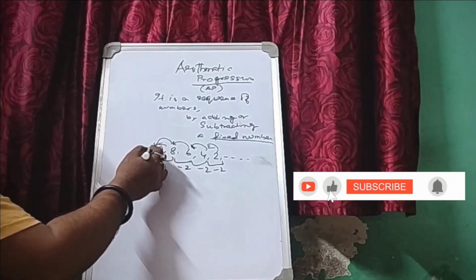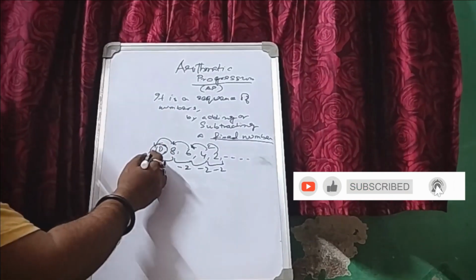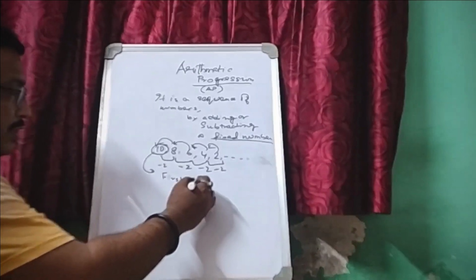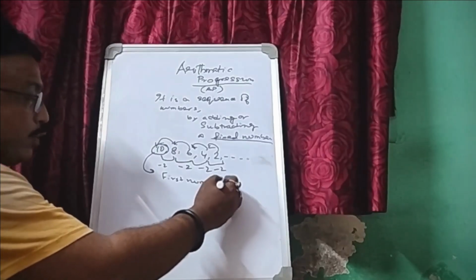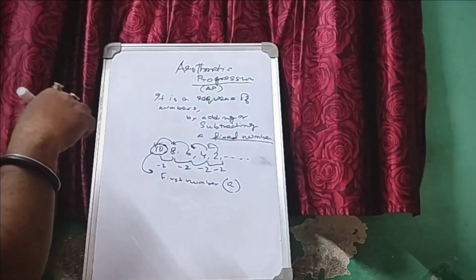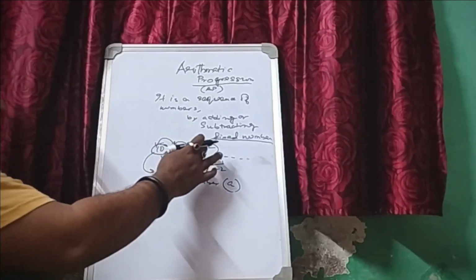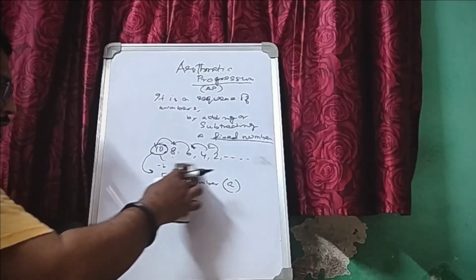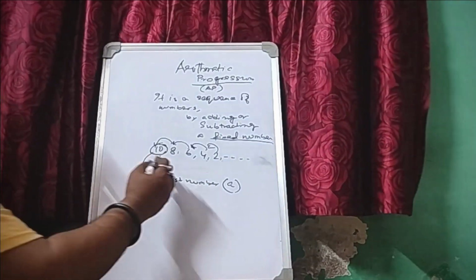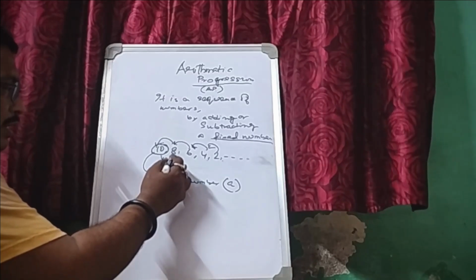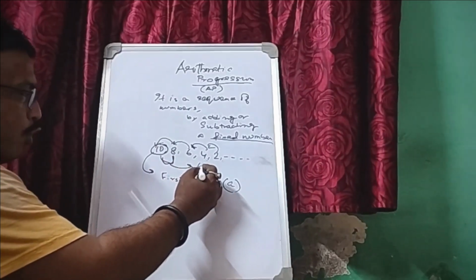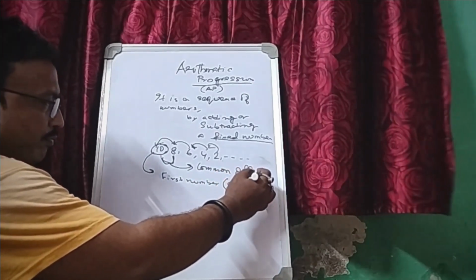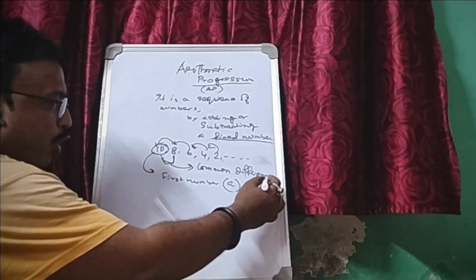At the very first position, the number is called the first number, denoted by A. And the difference between two numbers is called the common difference, denoted by small d.